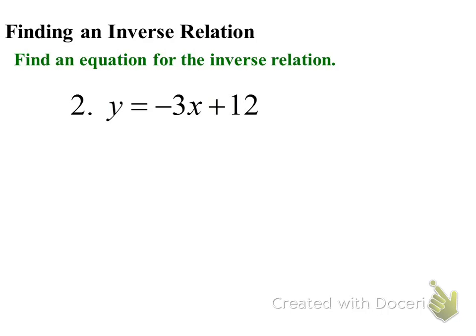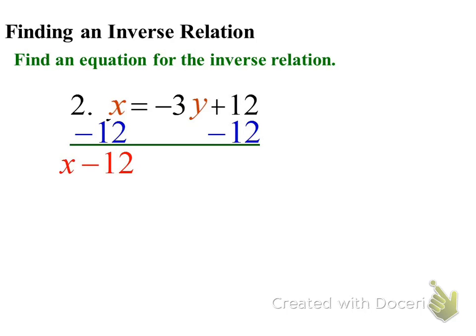So do it again. First step in the algebra, we switch x and y. And then we start solving for y. So those of you who chose to do the algebra way, you subtract 12, and then we divide by negative 3.